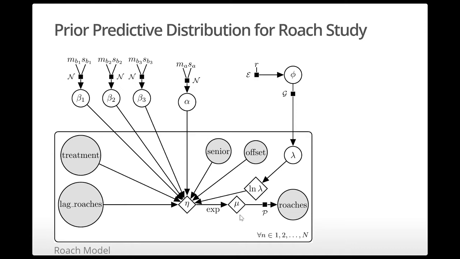That has to be positive. In general, a linear function of all this stuff is just going to be any real number. And so the most common thing in Poisson models is to exp eta and assign that to mu in order to have an expectation for the Poisson likelihood that is guaranteed to be positive.